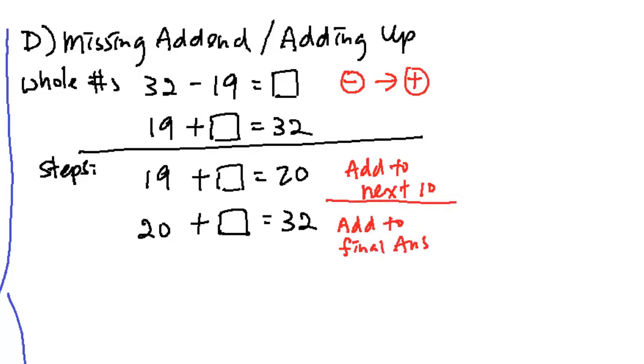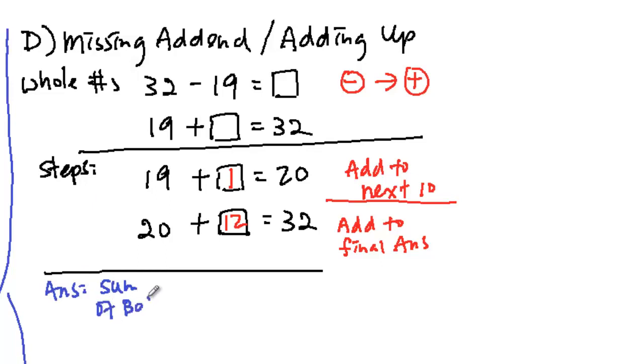So we are looking at this: 19 plus what is 20, which is 1, and 20 plus, you can see, 12 is going to be 32, right? And your answer is going to be the sum of the boxes, which is 1 plus 12 equal to 13.